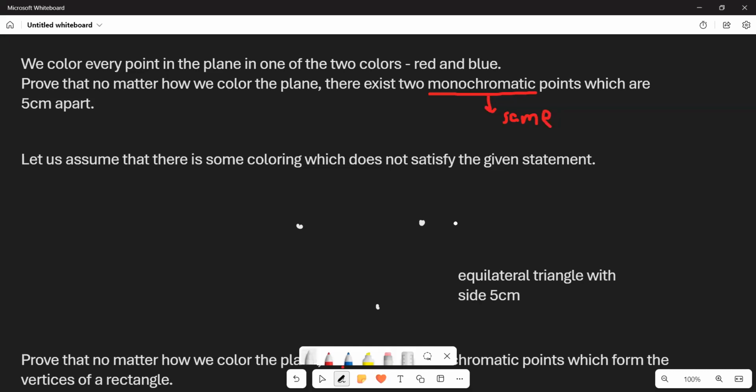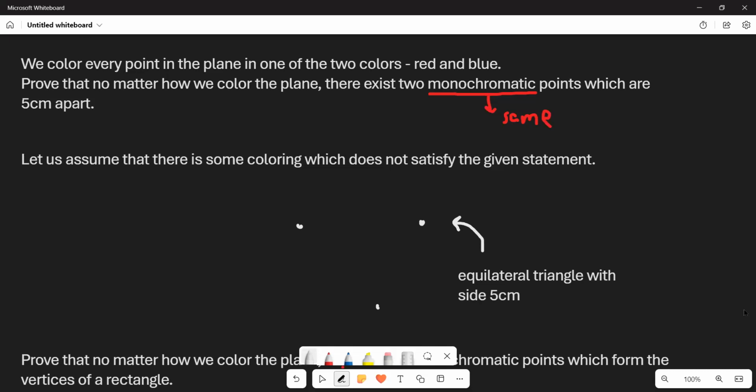What can we say from here? Can somebody tell? I want somebody who hasn't solved this. I know Chinmay has solved this, so I'm waiting for somebody who hasn't solved it to speak up, and hopefully somebody who doesn't speak that much.